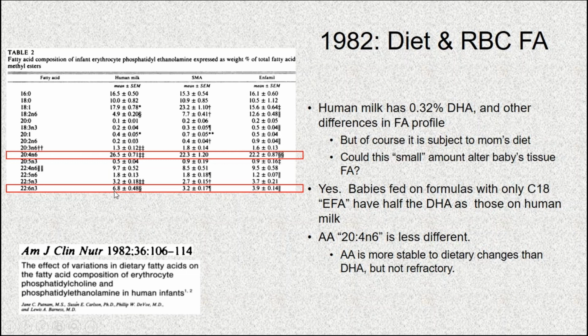And human milk, again, as I showed you, has DHA, but the formulas of the day had no DHA. So here is an example that gives us a clue that the tissue levels are dramatically lower when DHA is not specifically provided in the diet. The same was true for arachidonic acid. However, its reduction was not as large, and I'll have more to say about that later.